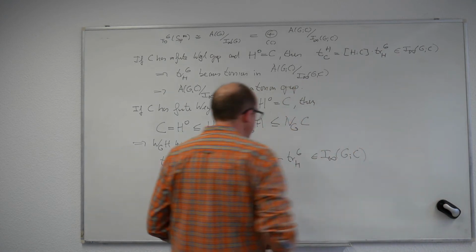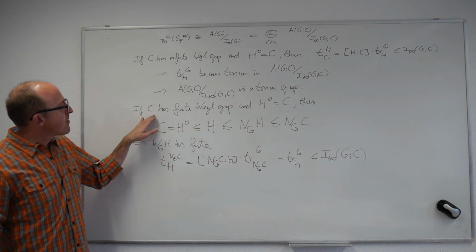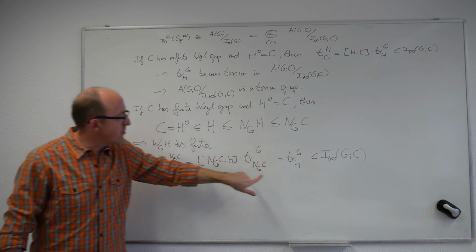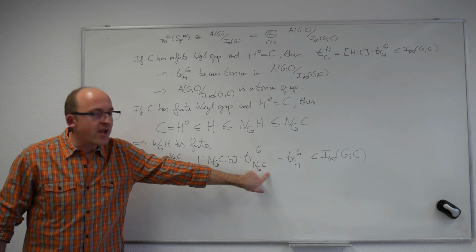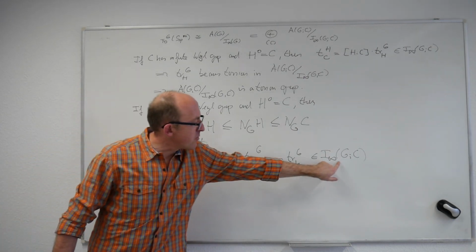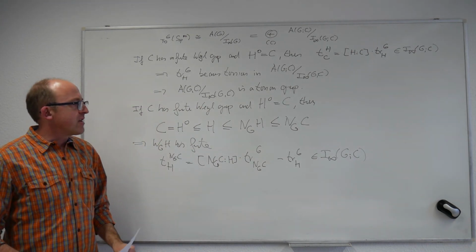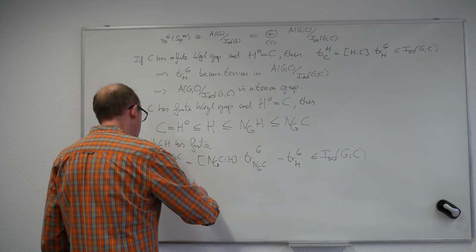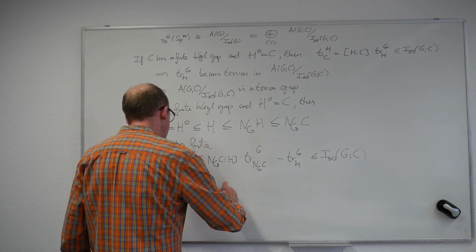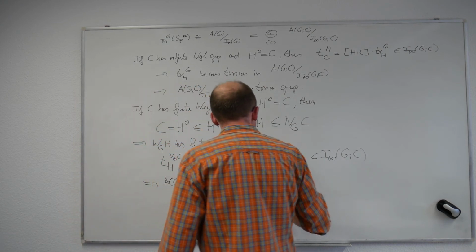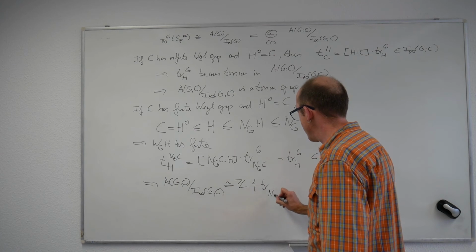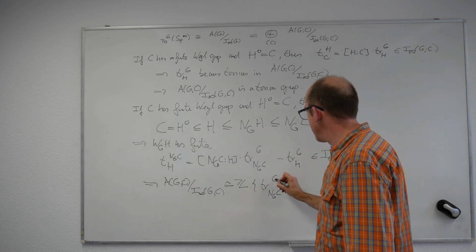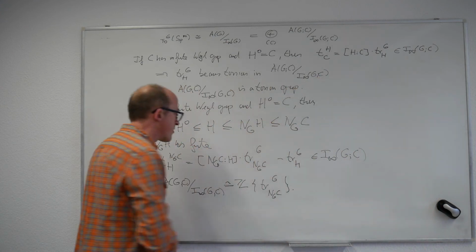And if we look at this relation, this is saying that in the case where C has finite index in its normalizer, then all the H's that can occur, their transfers are multiples of the transfer from the normalizer of this connected component once we work modulo I infinity(G, C), and this means that A(G, C) modulo I infinity(G, C) is a freely generated group of rank 1, and it's generated by the class of the transfer from the normalizer of this connected component, which must contain all of the H's that can occur, into G. So then it's a free abelian group of rank 1.